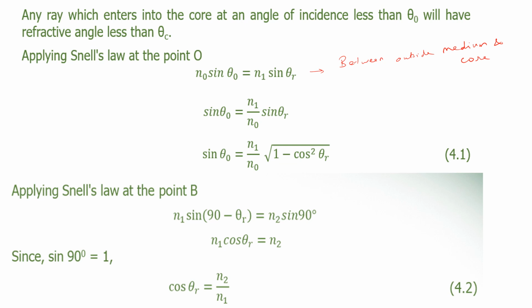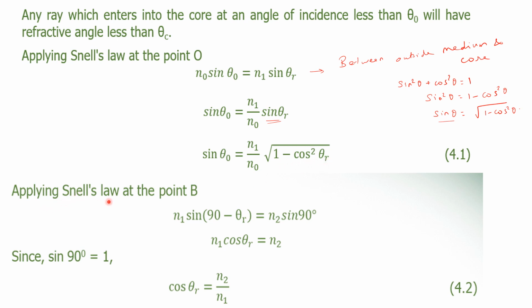Now I can write the basic equation sin square theta plus cos square theta is equal to 1. So sin square theta is equal to 1 minus cos square theta, and sin theta is equal to the square root of 1 minus cos square theta. I will substitute sin theta r as the square root of 1 minus cos square theta r. So sin theta naught is equal to n1 by n0 square root of 1 minus cos square theta r.